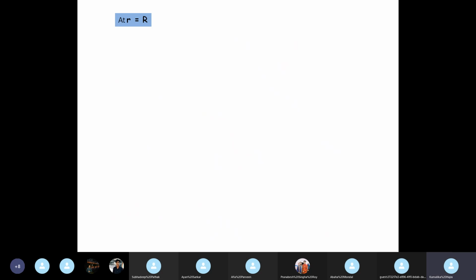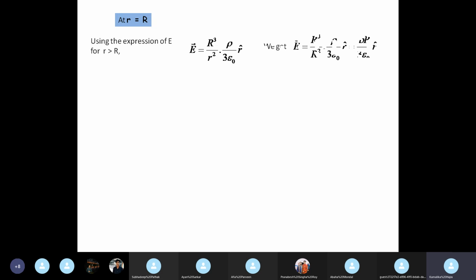Next, let's see what happens at the surface. Suppose you are asked to find the electric field just at the surface of the sphere, at r equal to capital R. If you use the expression of E for r greater than capital R, which is capital R cube by small r square into rho by 3 epsilon naught r cap, and put small r equal to capital R, then what do you get?